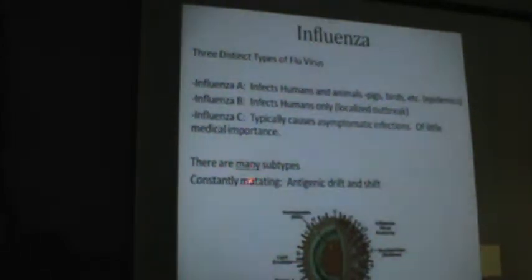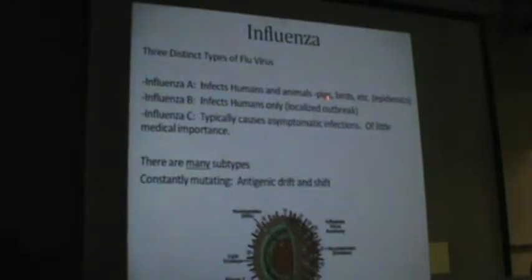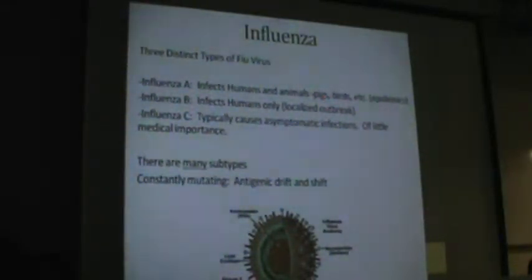There are many subtypes. These viruses are constantly mutating. They're constantly swapping genetic material. And how do you create a super influenza, like the one in 1918?